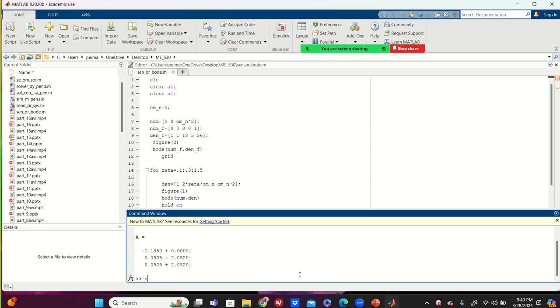I'm going to have some num, third order system, 0, 0, 0, 1, and then den is 1, 1, 4, 5, and then I say step of num over den, the step response. No doubt you're going to see unstable behavior.